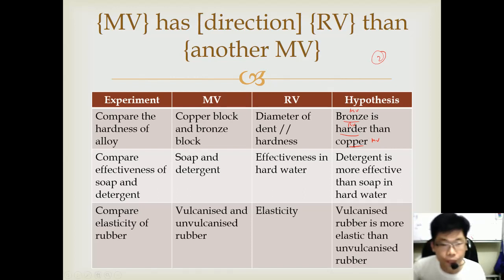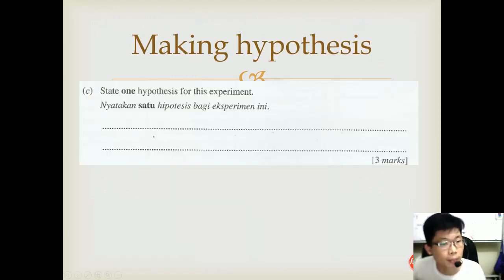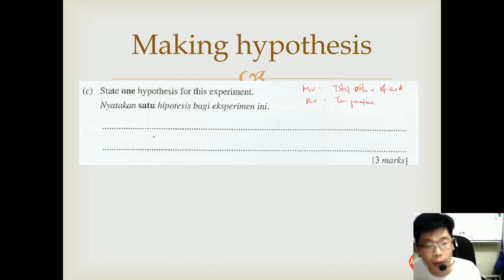Okay. So based on the experiment we mentioned just now, our MV would be the total volume of acid added. Then RV will be temperature. Okay. So based on the table, maybe you can scroll back to the initial table.